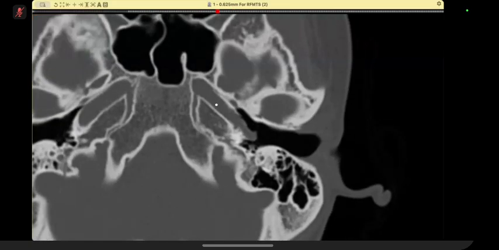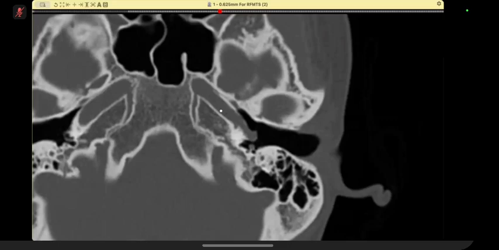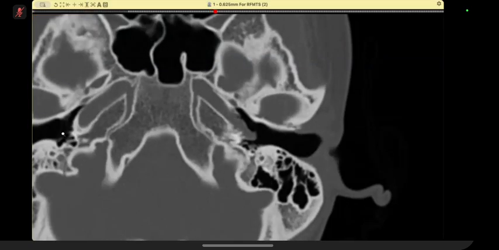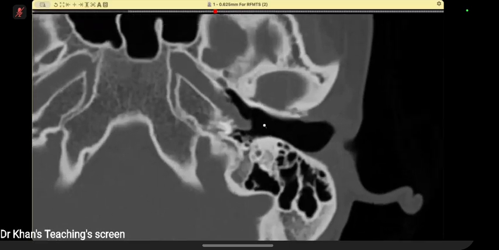If we go back to the horizontal portion, you can see that there has to be a bone in between the horizontal portion and the medullary cavity. There has to be a bone there, and there is no bone. So it is dehiscent.